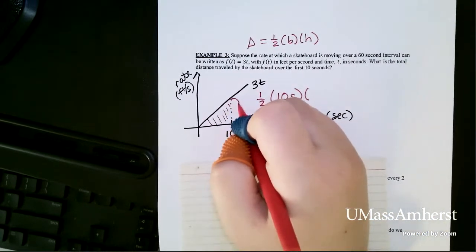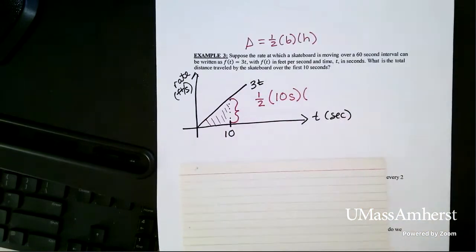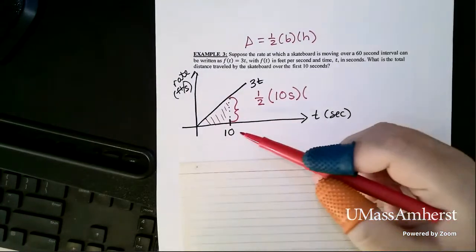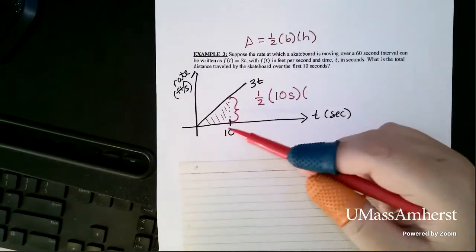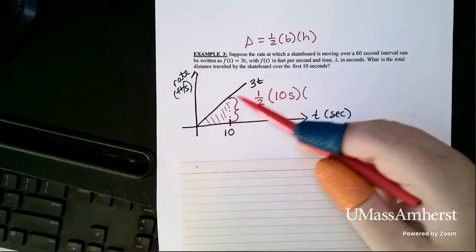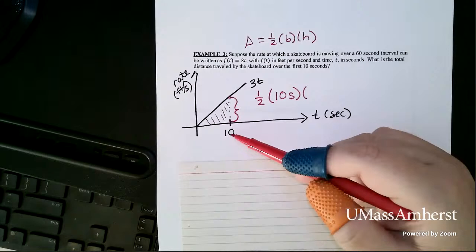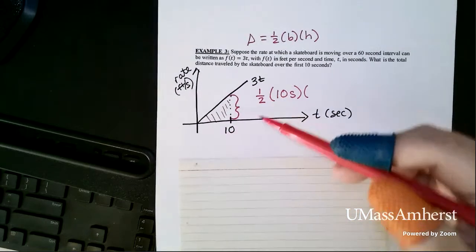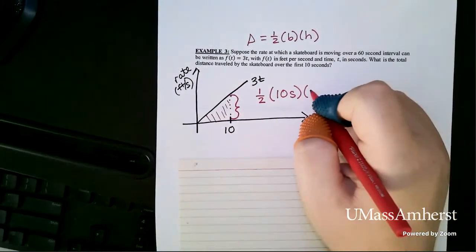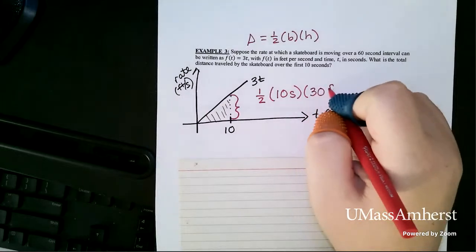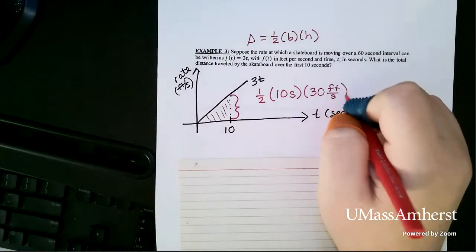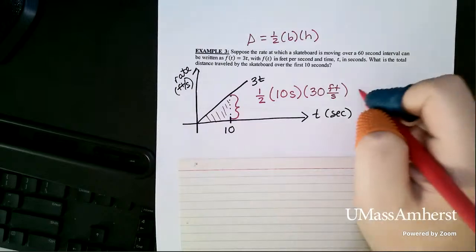And then there's this height, right? In order to determine this height, I need to take my independent value and plug it into the function to get the corresponding y value. So I would plug this 10 into 3t, and that would tell me the rate, which is 30 feet per second, right? 3 times 10 is 30.